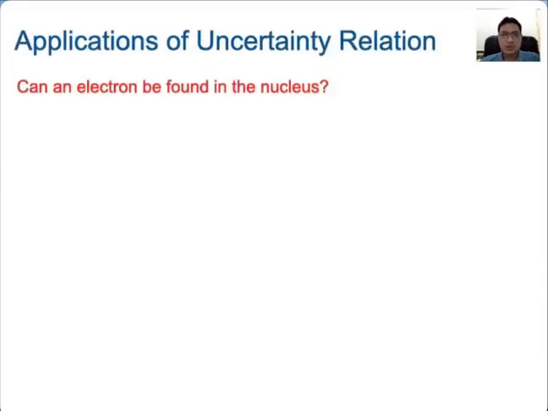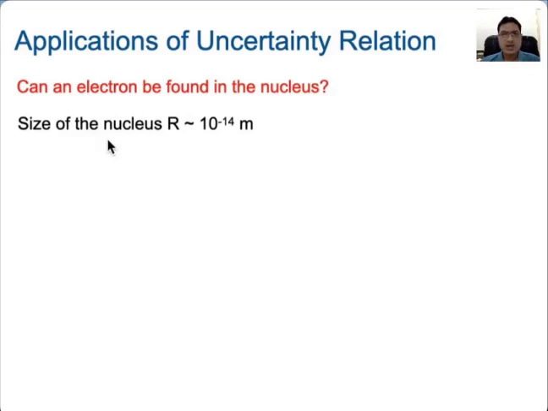Okay, so let's do some applications and try to see how the uncertainty principle, or the uncertainty relation, is very useful in quantum physics, what its applications are, and what insights it can provide about the physics. So the first question we want to ask: can an electron be found in the nucleus? I hope you know the answer, but let's try to understand this question in the language of the uncertainty principle.